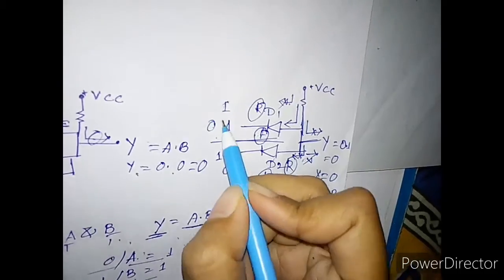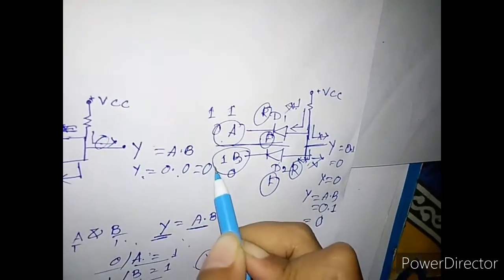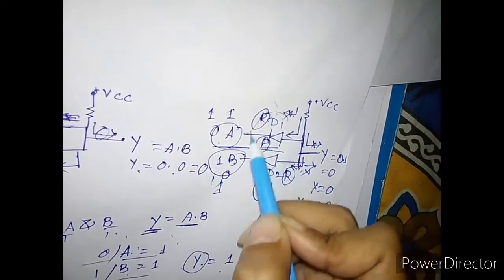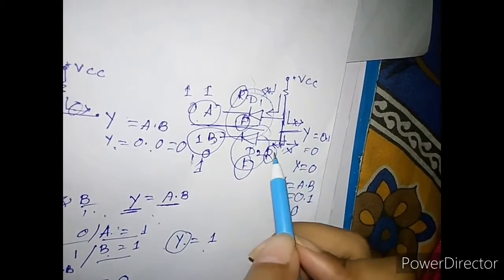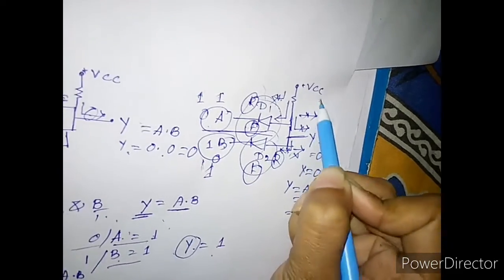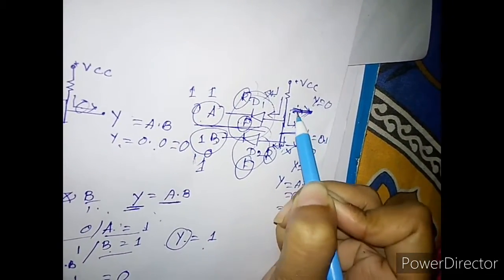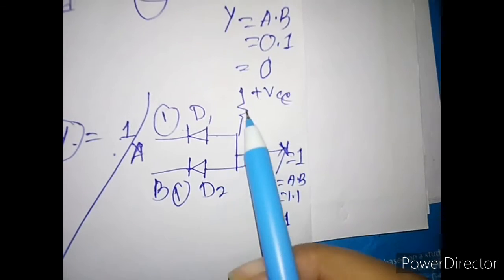When both A and B inputs are 1, that means D1 is reverse biased and D2 is also reverse biased. That means Y is equal to 1. Clear?